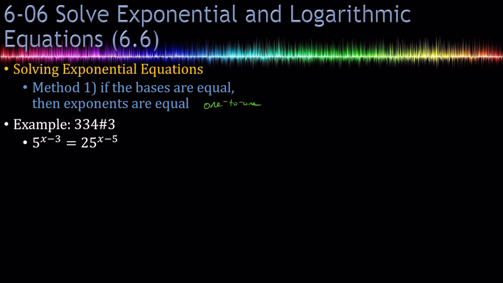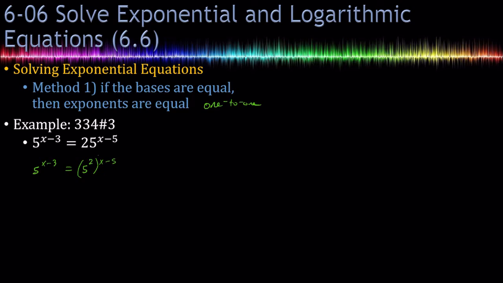For example, let's do page 334, number 3. Well, these bases don't look equal. But maybe they are, because 25 is 5 squared. So I could rewrite it like that.